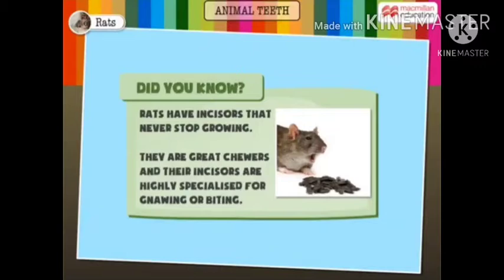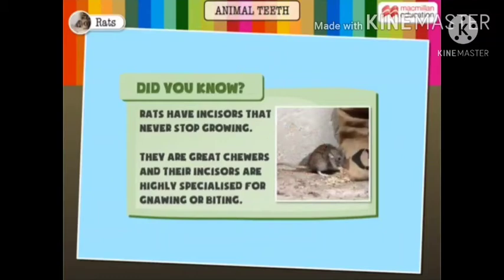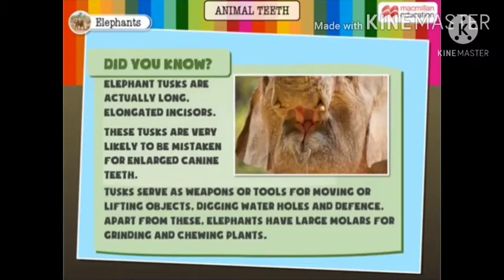Did you know that rats have incisors that never stop growing? Rats are great chewers and their incisors are highly specialized for gnawing or biting. Did you know that elephant tusks are actually elongated incisors?